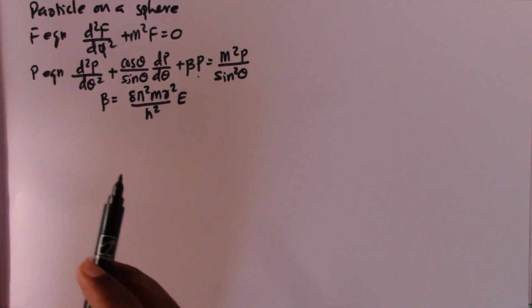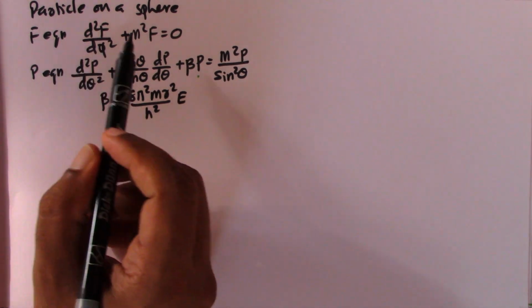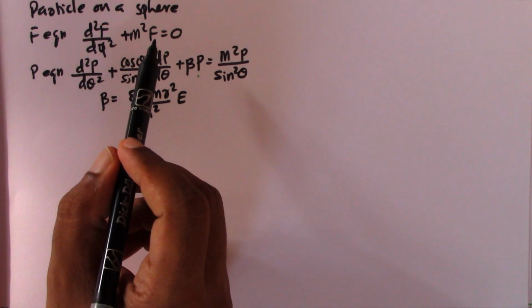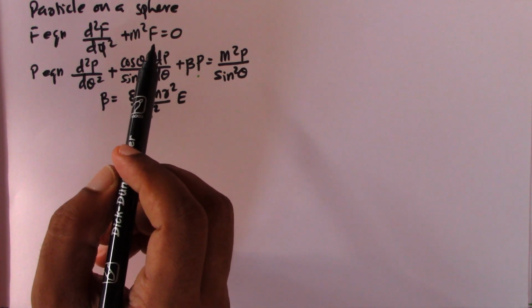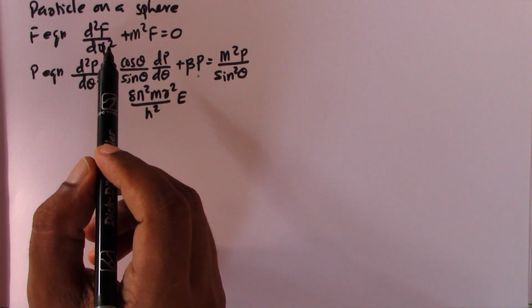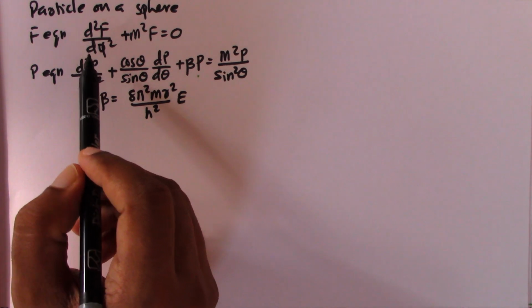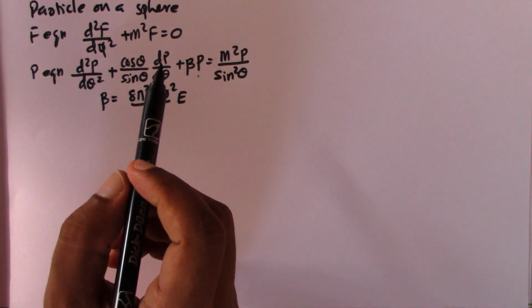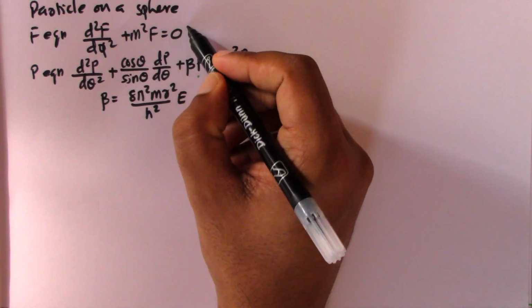And the F equation is a familiar equation to you because you have already learned this type of equation when you were going through the particle in a ring. There also you found the same equation, d square F by d phi square plus m square F is equal to 0. Therefore, you already know the solution of this F equation.